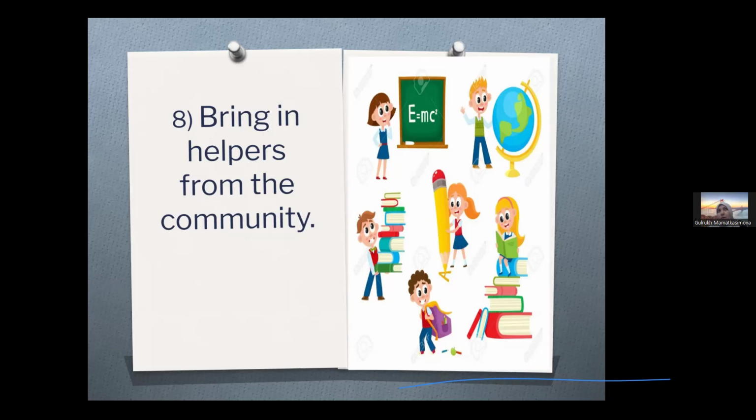By the community, here we can understand the parents, other teachers, mentees or mentors as well. And in teachers' culture, we don't like being observed, right? We don't like a stranger in our classroom, especially parents.